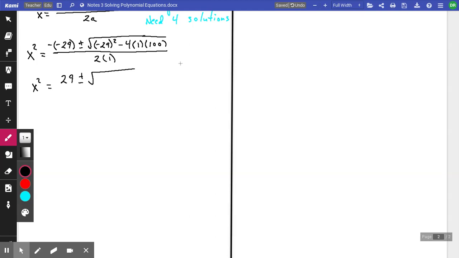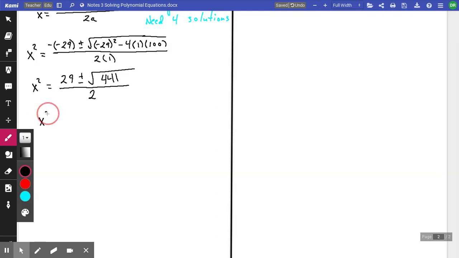So let's type in, not the square root, let's just type in negative 29 squared using parentheses, minus 4 times 1 times 100. So go ahead and try that on your own, and if you do, you should end up getting 441. If not, check that you typed everything in and that you used parentheses around this negative 29. Okay, the bottom, 2 times 1 is 2. Perfect. All right, keep going from here.